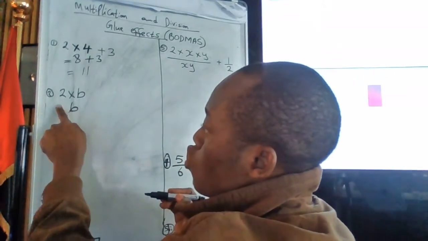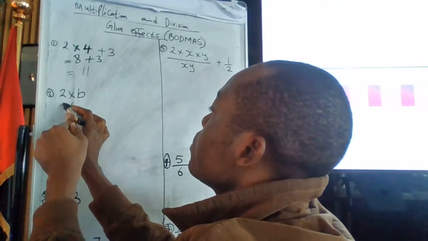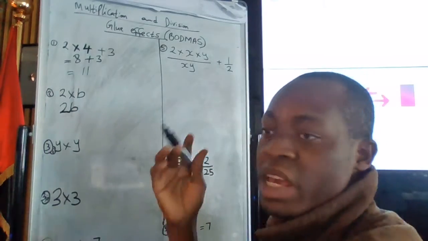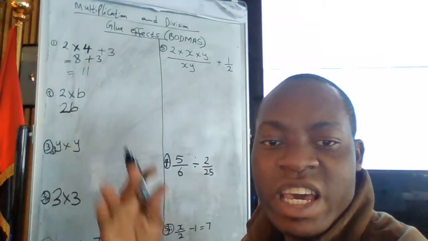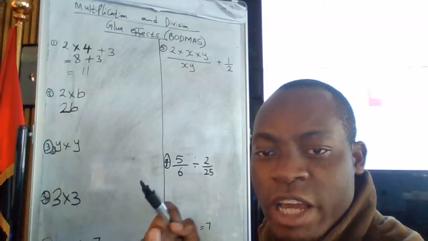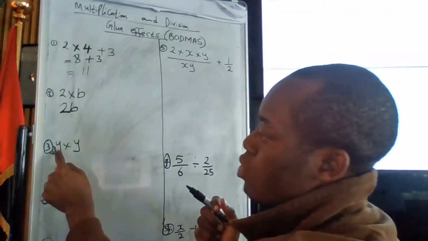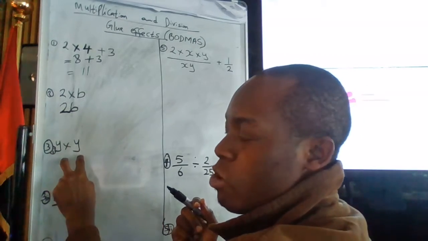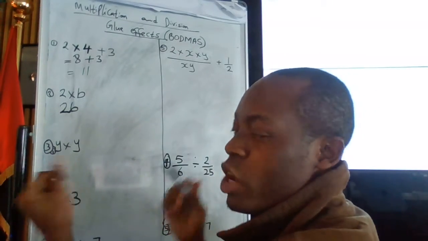The 2 and the b, the times joins the 2 and the b together. A times x, ax. The multiplication has a kind of glue effect, don't forget. Y times y, they are also not numbers, but the times joins them together.